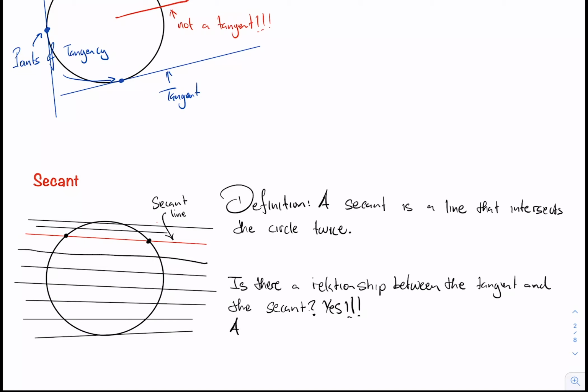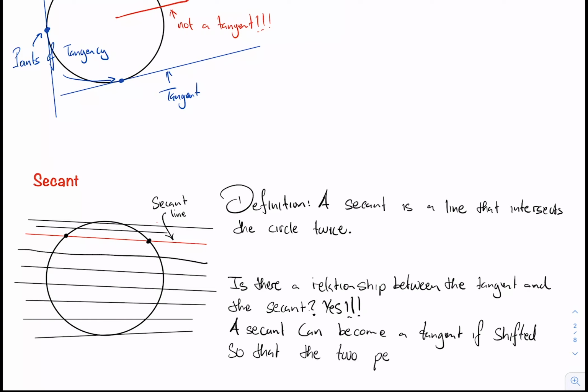A secant can become a tangent if shifted so that the 2 points become 1 point.